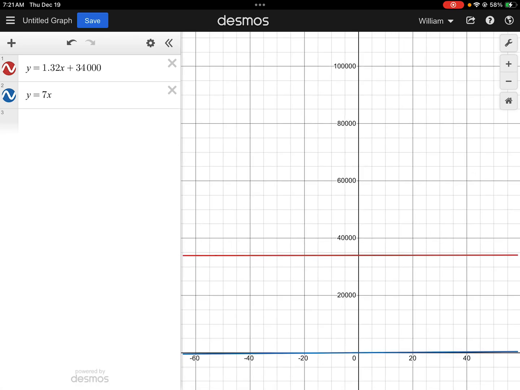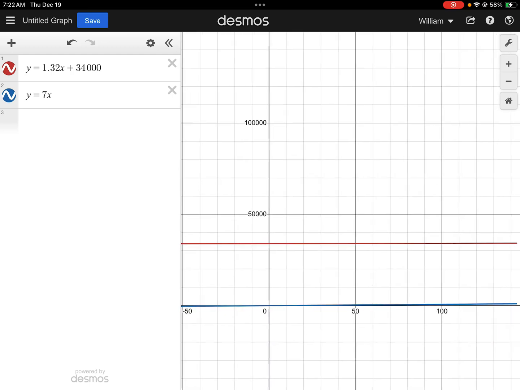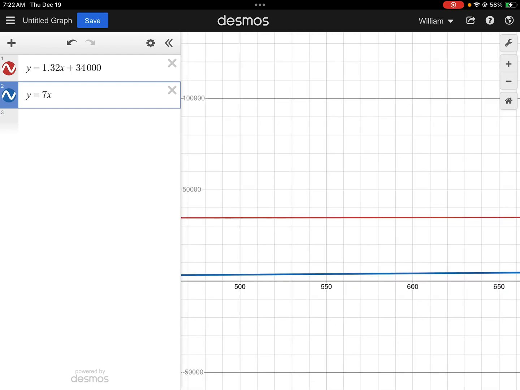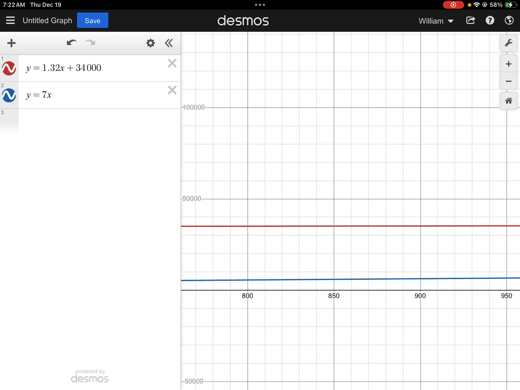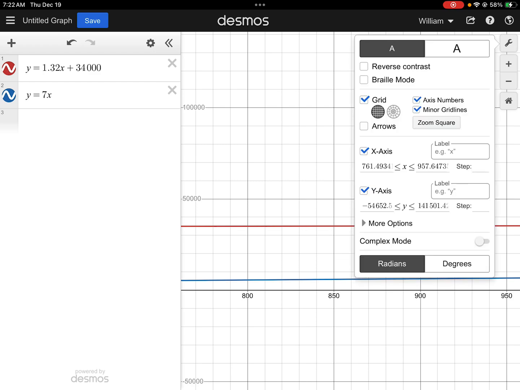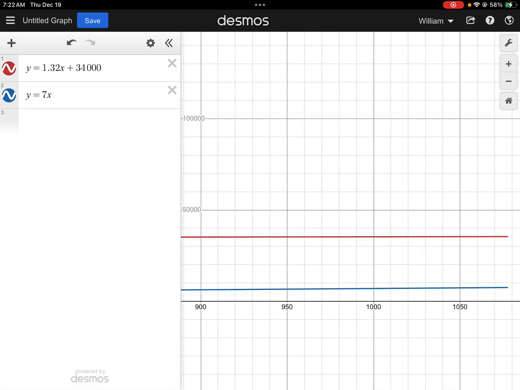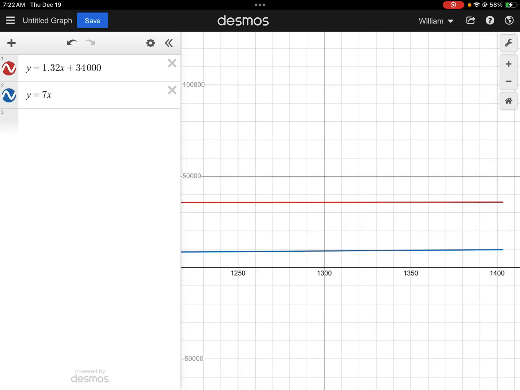In fact, there's my two graphs. Now I got to go over a ways, don't I? Let me change my step to like 100. Maybe that will help. I don't know if it's going to help. I got to go a ways out here, don't I?